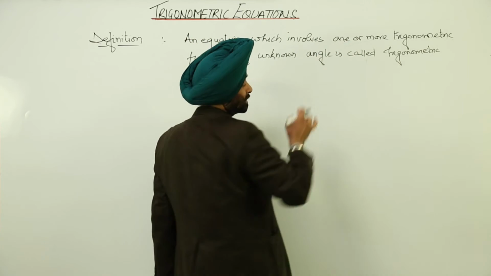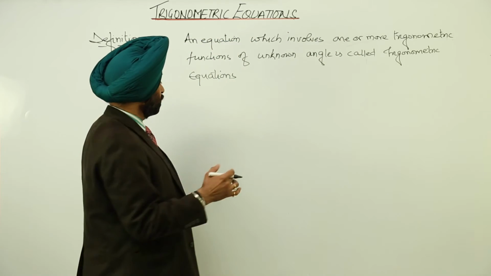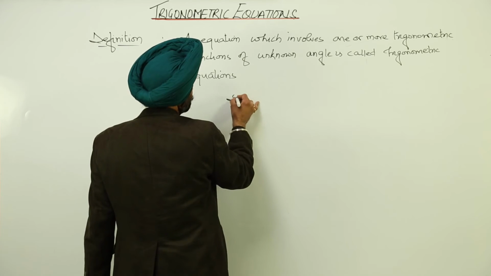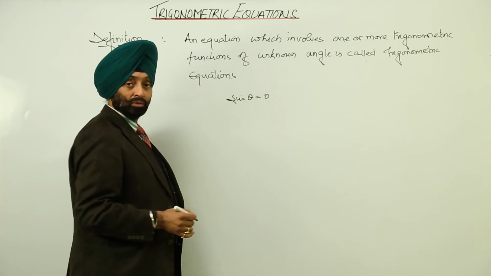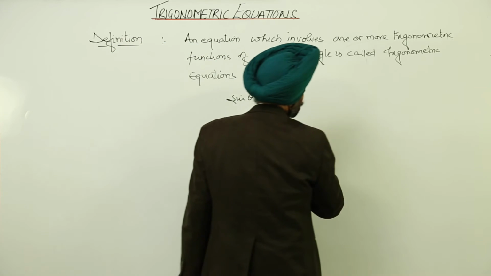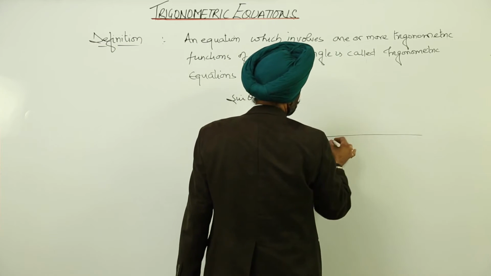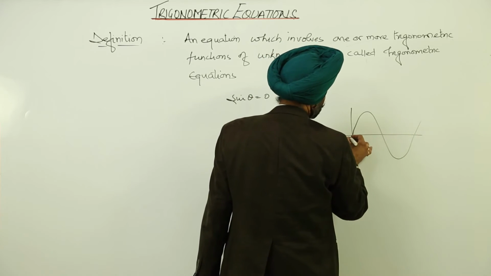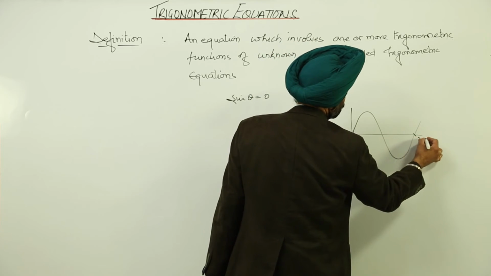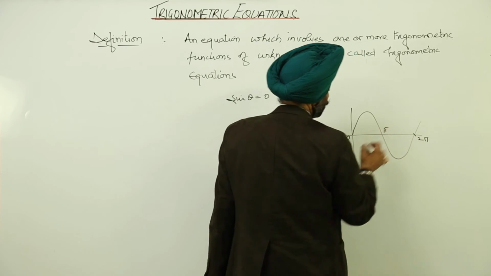First of all, let's discuss one function. As an example, take sin theta is equal to 0. If we draw the graph for this, it looks like this. Suppose this is 0, up to here it is 2 pi, and this is pi.